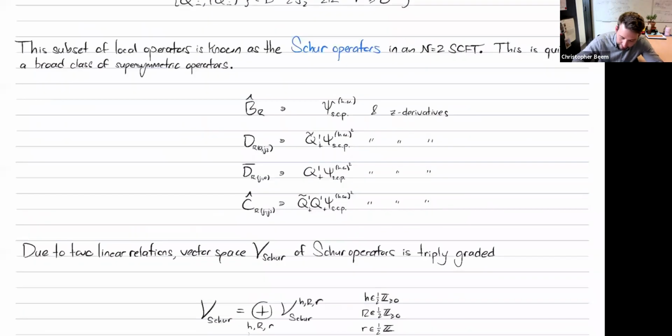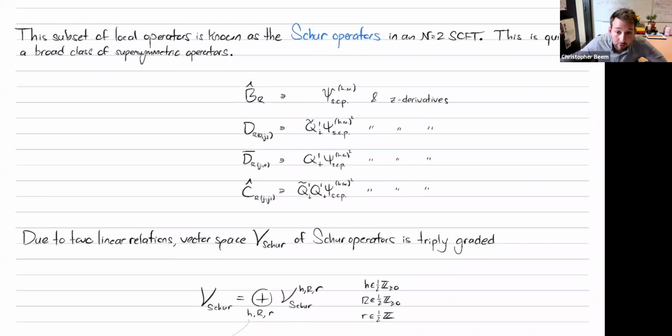And in terms of these diamonds that I was showing you earlier, these things live in the following places. My B hat operators that I met, their superconformal primaries satisfy this condition, along with all of the Z derivatives. Of course, Z derivatives are fine because the holomorphic SL2 in the ZZ bar plane commutes with my Q, so I can act with Z derivatives.